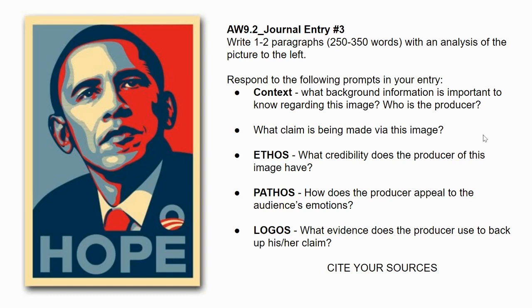What do they want us to relate to? What do they want us to feel by looking at this picture? And then finally, you're going to look at the logos. So what is the evidence that the producer uses, or the artist rather, to back up this claim that you discovered a few questions prior.